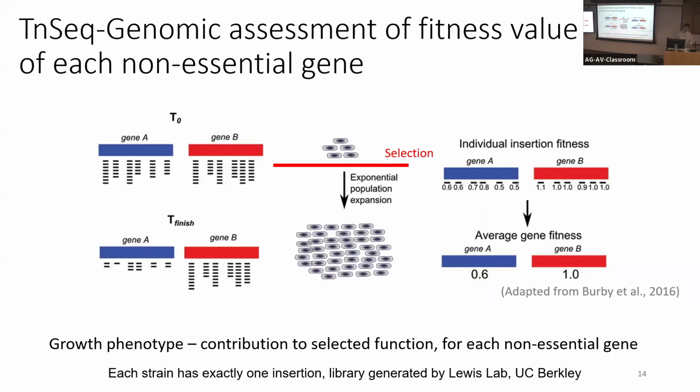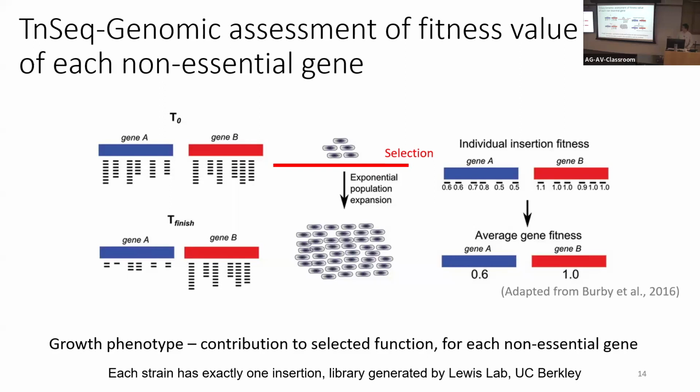Instead of just one strain per gene, you can have multiple now. And for each one of those strains, you can calculate the relative abundance before and after our selection in the respective populations. And with all of those strain fitness values, or strain relative abundances, you can calculate the gene average fitness.